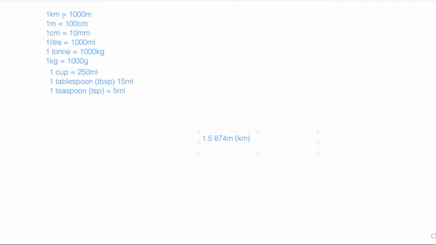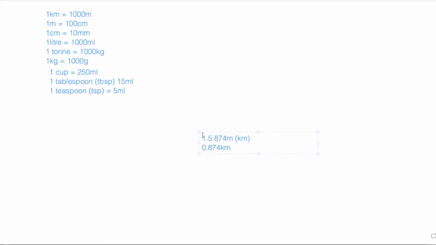There are 1,000 meters in a kilometer, which means we move this way 3 times. So we go 1, 2, 3. Here, we are going to have a dot there. So it's going to be 0.874 kilometers. So 874 meters is equal to 0.874 of a kilometer. So it's not even 1 kilometer.